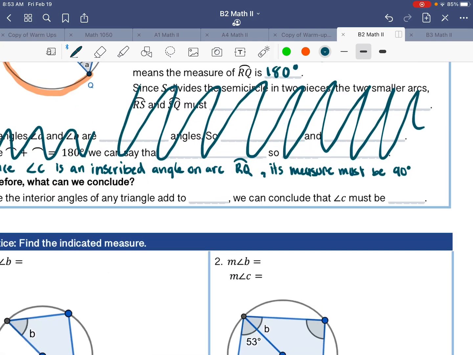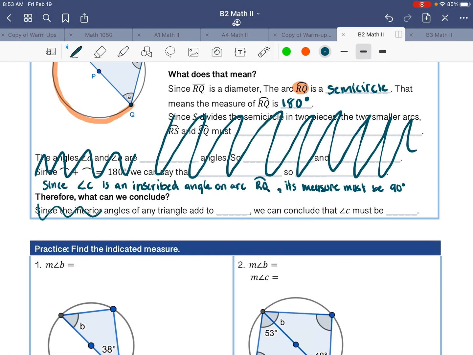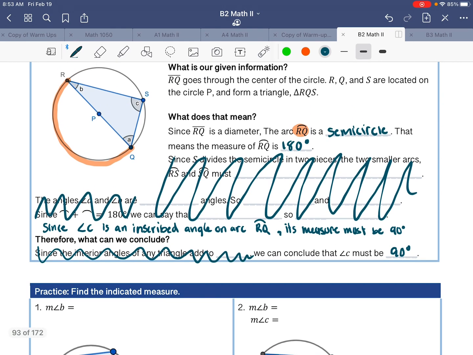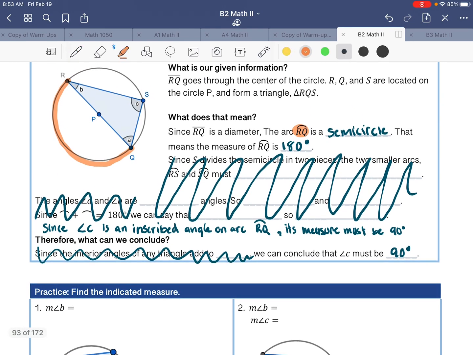That's what we concluded. So we can conclude that angle C must be 90 degrees. There we go. That's super messy, I'm sorry. But this is a better way to prove what we want to prove here. And I'm not sure why I used the other.